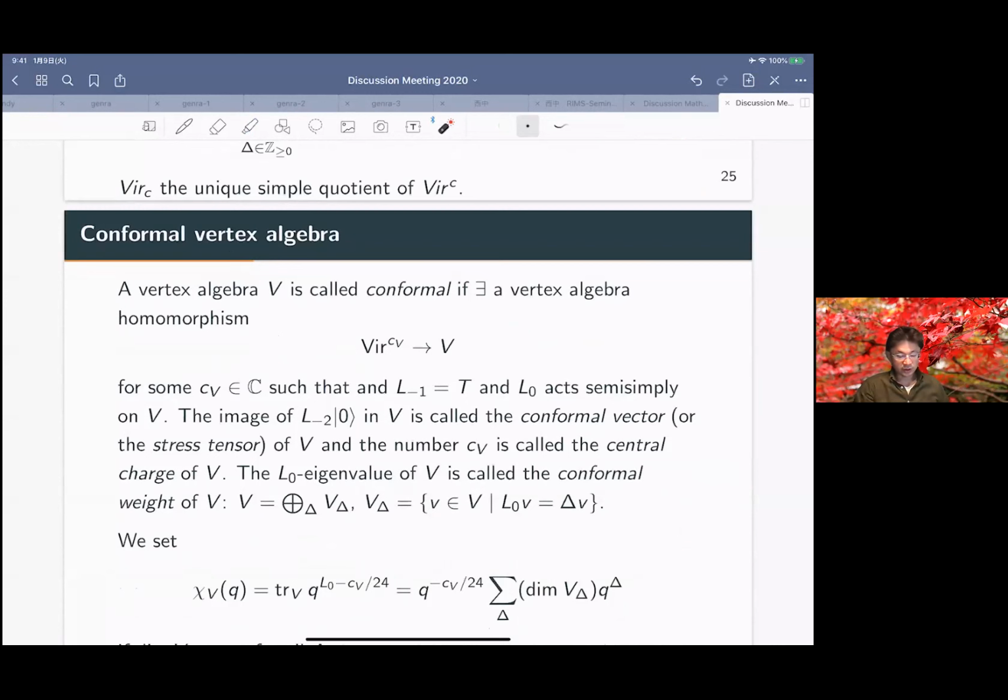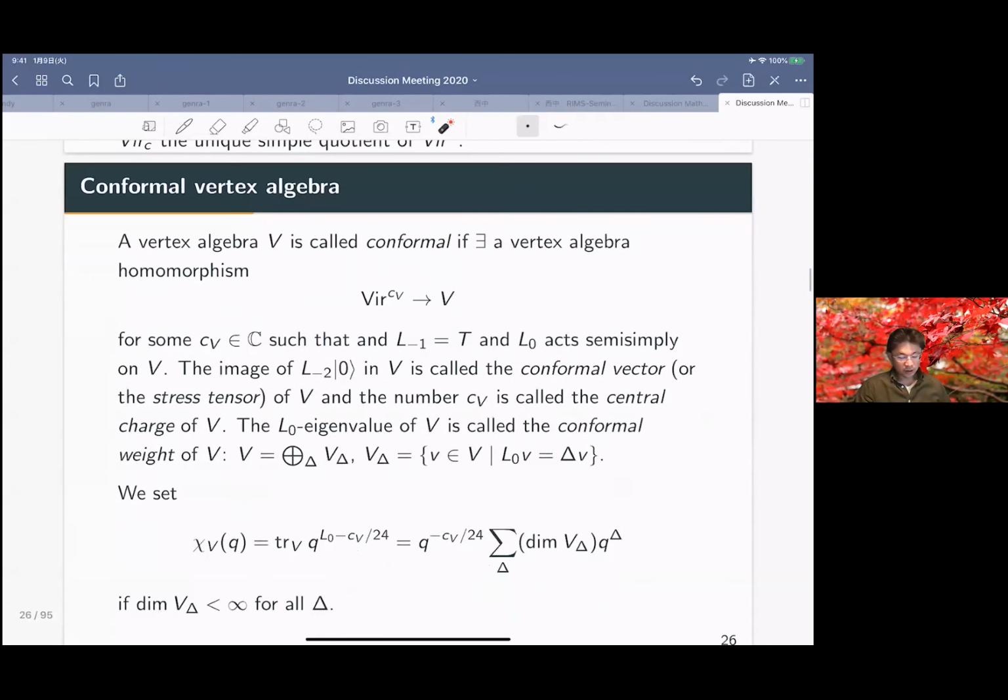And this number c is called the central charge of V, which is an important invariant of a vertex algebra. And the L_0 eigenvalue is called the conformal weight. So because by definition L_0 acts semisimply, V is graded by this conformal weight.